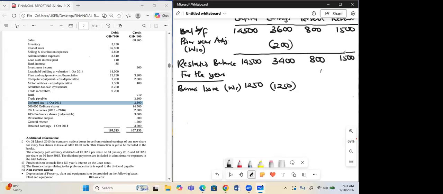Then there was a profit for the year. When we solved the P&L, the profit for the year we got was 12,770. Add it to retained earnings.